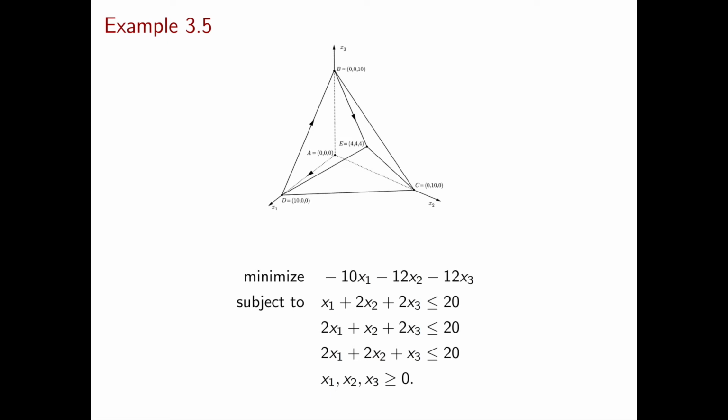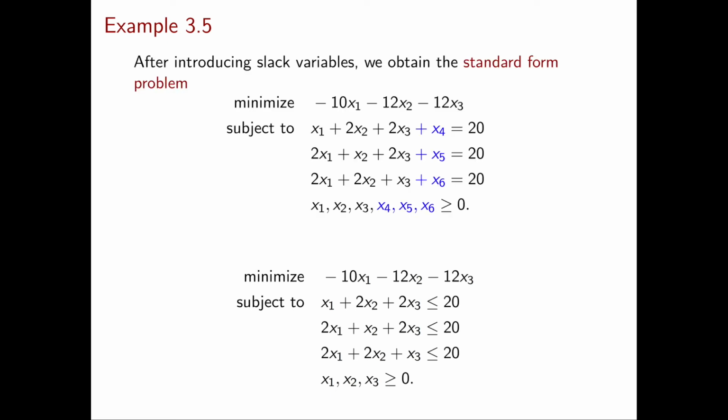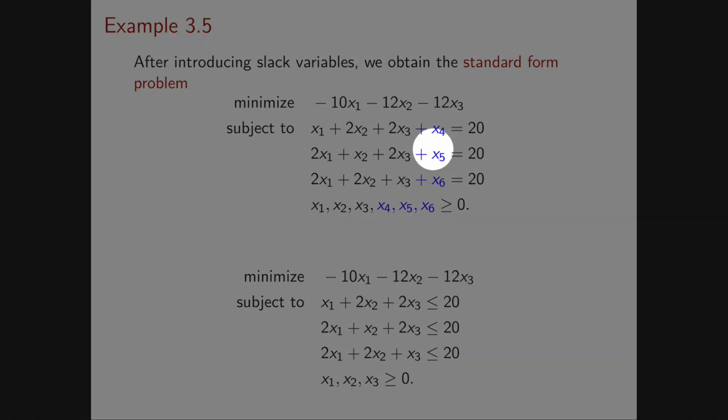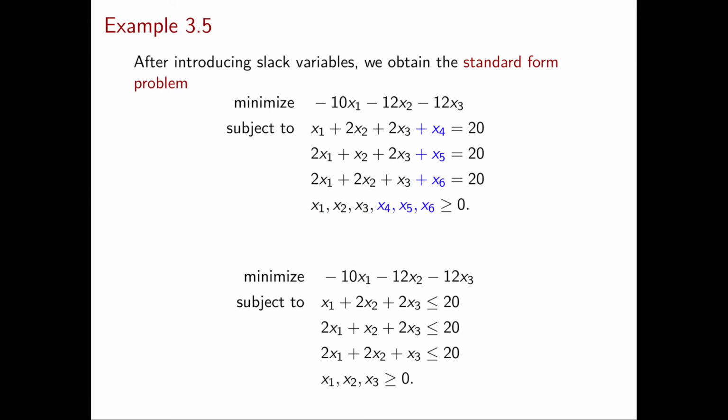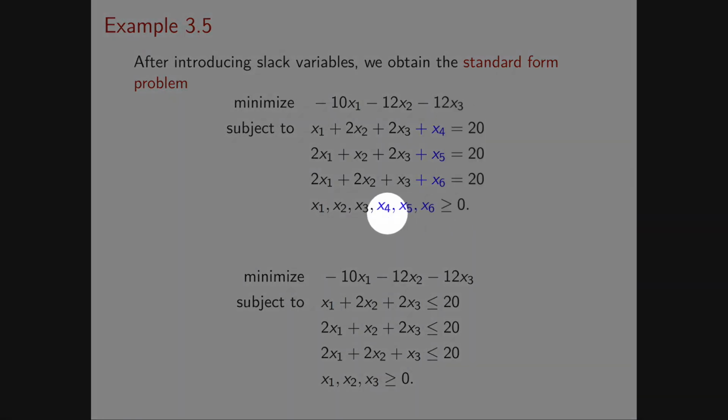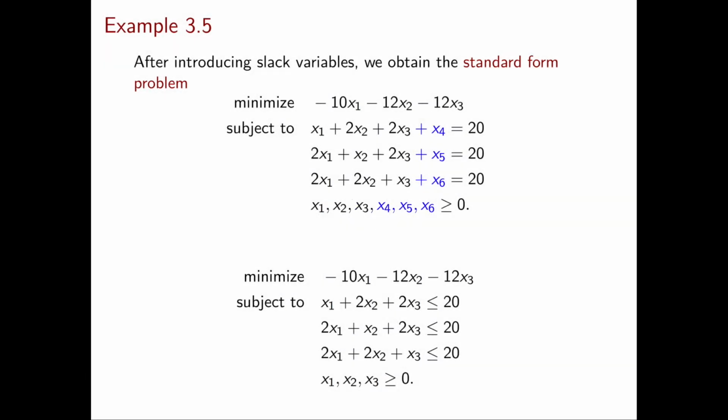Namely, we need to introduce slack variables. In fact, we add one slack variable for every constraint, plus x4 for the first, plus x5 for the second, and plus x6 for the third, and we add the constraint that all these slack variables are greater than or equal to 0.